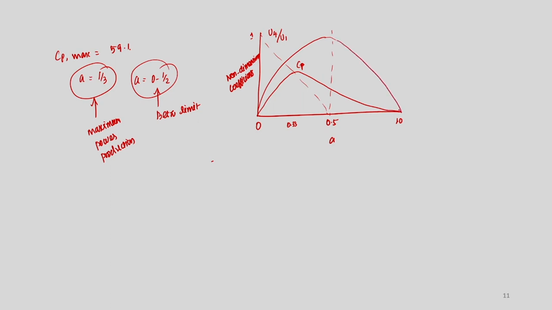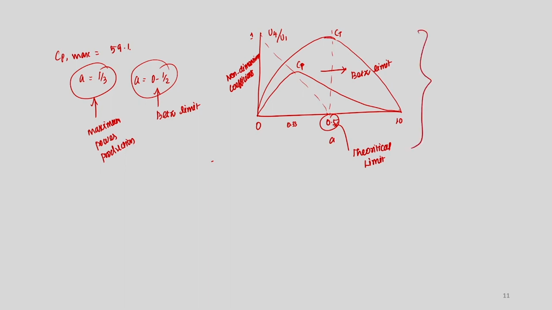This is the maximum Ct, 0.89, and it decreases after that. This particular line we call the Betz limit. This is a theoretical limit, but the maximum happens at 0.33. One can vary A between 0 and 0.5. So, this is the theoretical maximum.